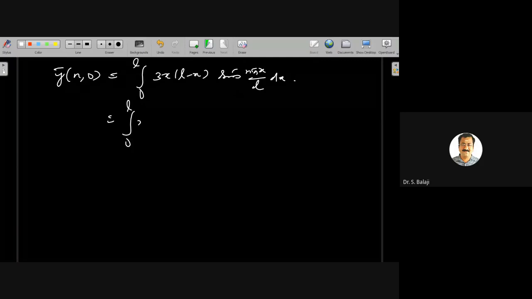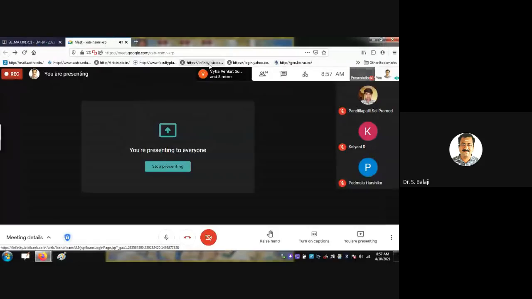I can write it as the integral of (3Lx - 3x^2) sin(n pi x/L) dx.